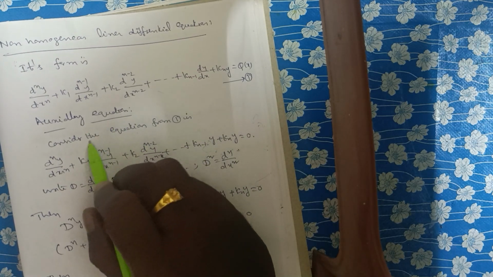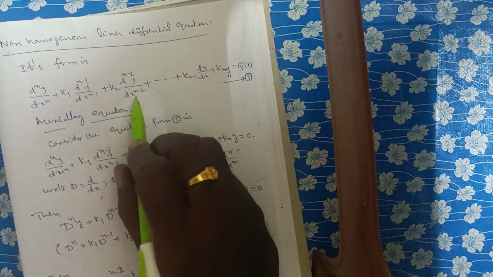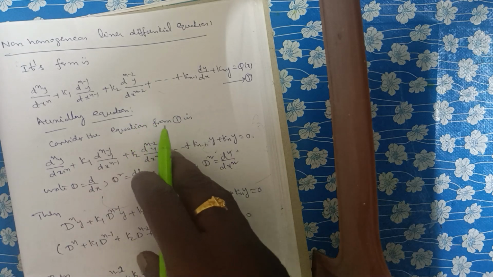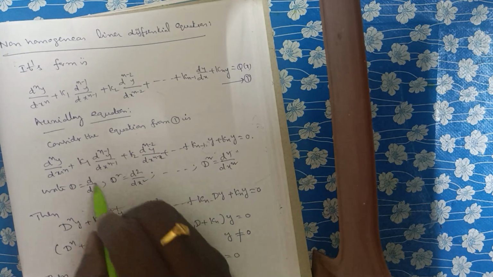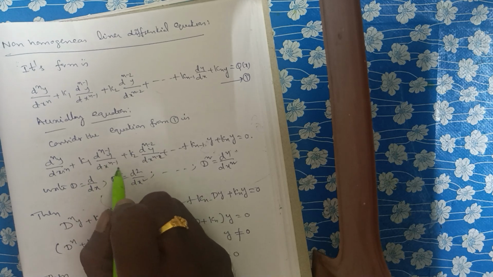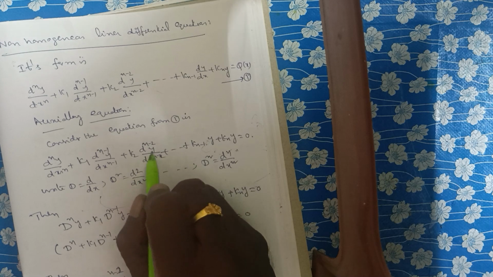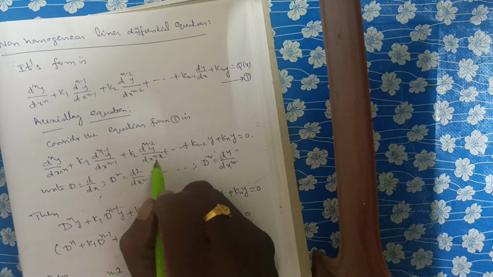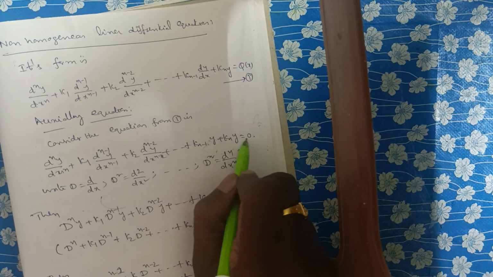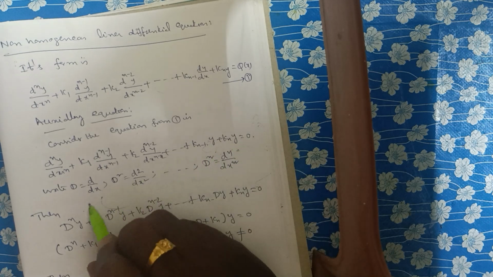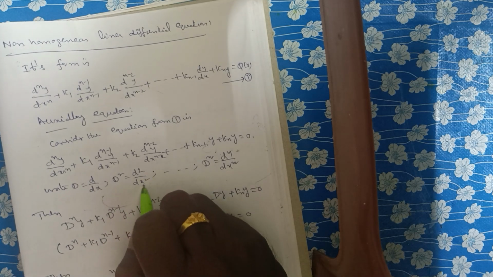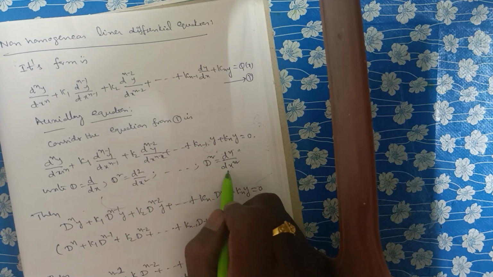Before knowing the auxiliary equation, we write the corresponding similar equation to this non-homogeneous linear equation, given by d^n y/dx^n + k1 d^(n-1) y/dx^(n-1) + k2 d^(n-2) y/dx^(n-2) + ... + k(n-1) dy/dx + kn y = 0. We write D = d/dx, D^2 = d^2/dx^2, D^n = d^n/dx^n.